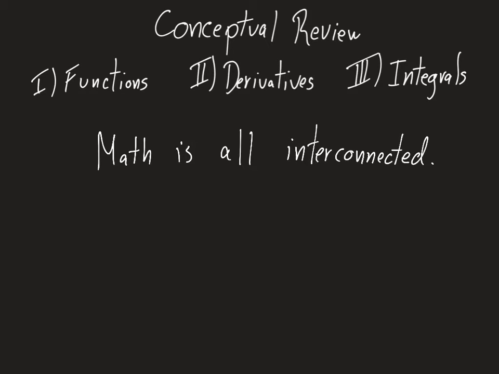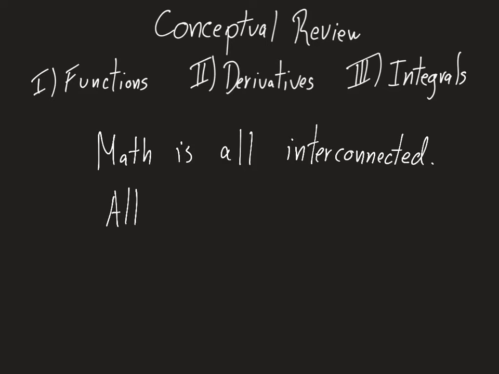It is very easy to learn math as a bunch of separate different notions or different ideas, different definitions, different techniques that don't necessarily have much relation to one another. But really, everything in math, in some sense, is related to everything else. Some of it is related more closely than other things, for sure.